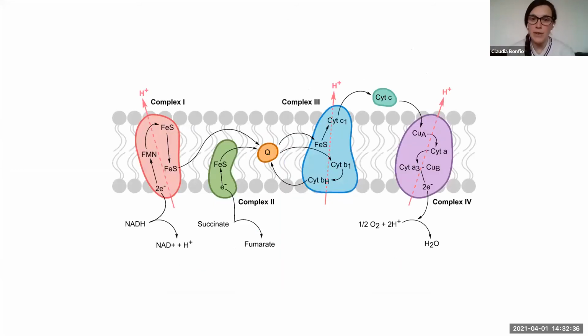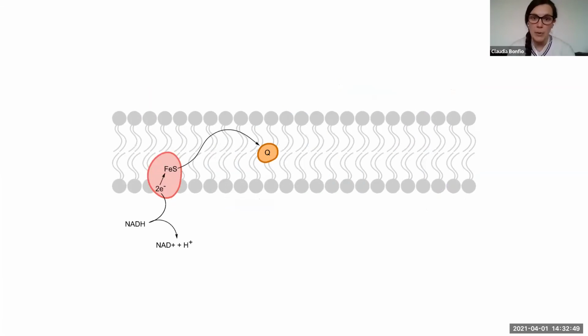So this is just a very simple schematic representation of the electron transport chain. But of course, such a complex system would have probably not existed on early Earth. So what we need to find out is whether something much, much simpler could have existed on early Earth and could have formed and behaved in the same way of the complex machineries that we have today.